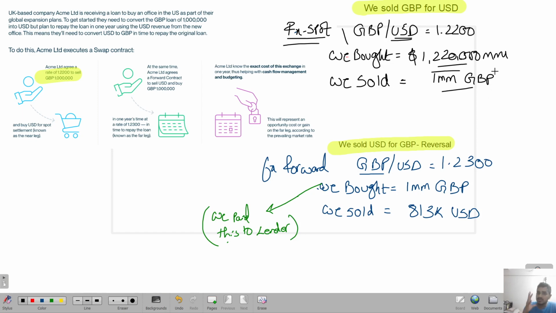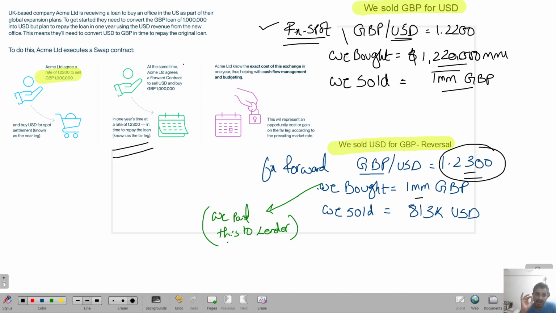That means we sold 1 million GBP. We're going to use this money for the office. The office is going to run for 1 year and create some revenue. After 1 year, for the rate of 1.23, which we have already agreed upon when we entered the FX swap, we're going to use the revenue that the office has generated in the US to buy GBP and sell USD at 1.23.